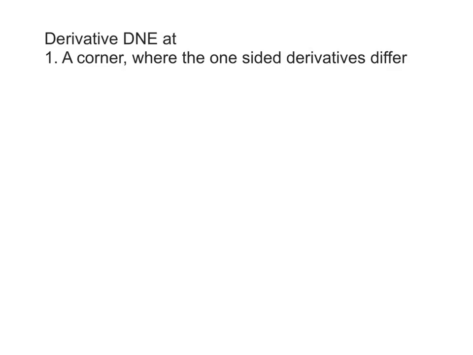A good prime example, look at the function of the absolute value of x. We all are familiar with that graph. This point right here is called a corner.